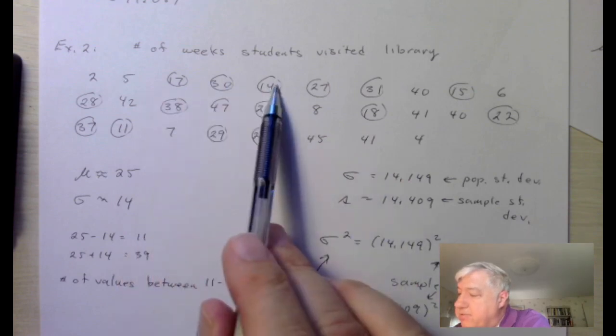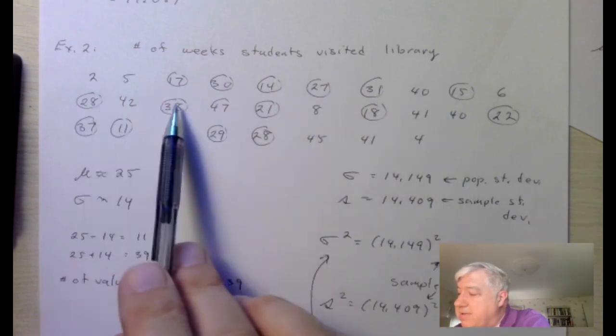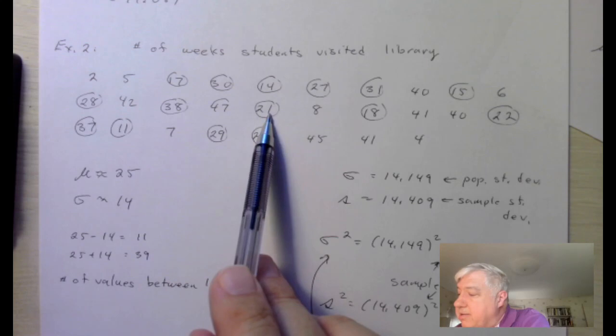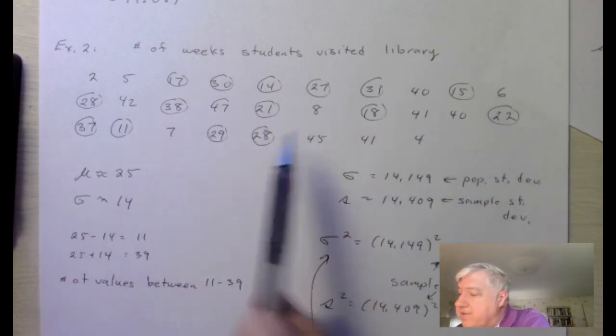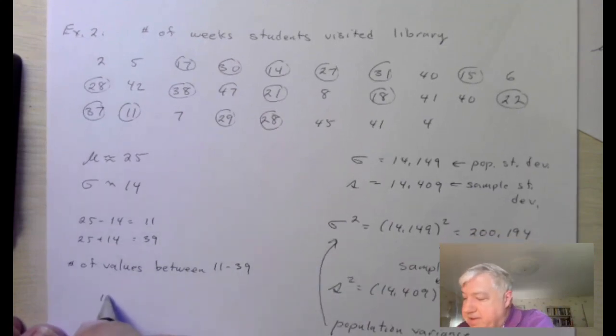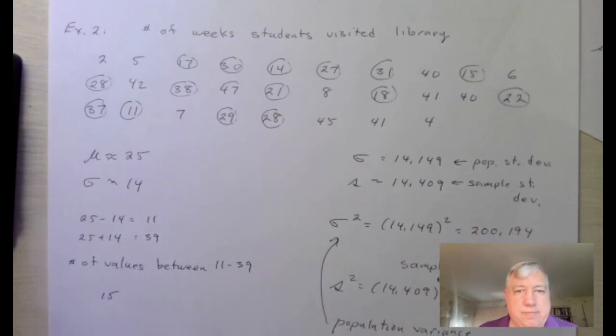So it looks like there are about 15, if I haven't missed any.